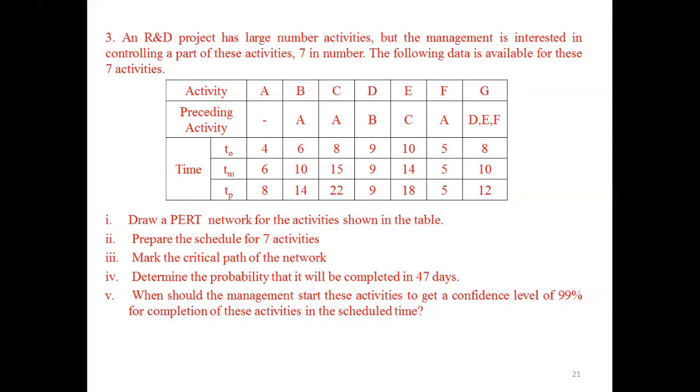That means here they have given the probability value, that is 99% confidence, and you need to calculate the scheduled time, the TS value. In the previous problems, they gave the TS value and you calculated the Z value. But here they have given the Z value, and you need to calculate the TS value.